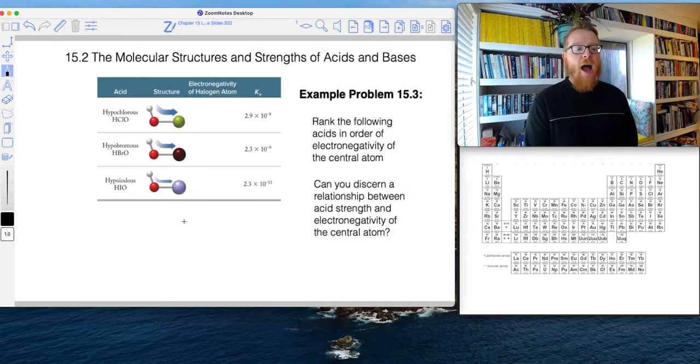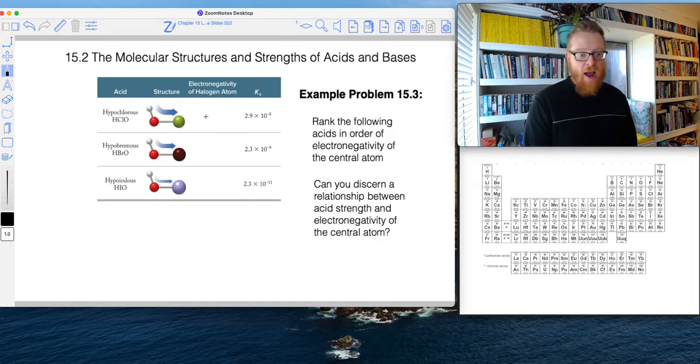Okay, and then I know I described this already with HCl, HBr, and HF, but if we now compare hypochlorous to hypobromous to hypoiodous, we're going to see the same trend that we saw with electronegativity. We know that chlorine is more electronegative than bromine, which is more electronegative than iodine.